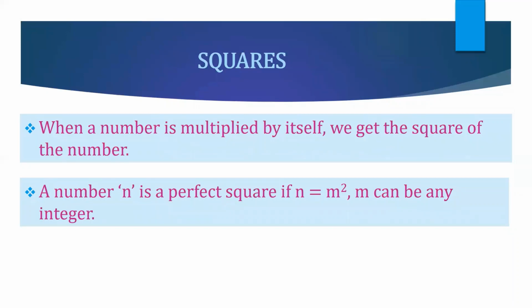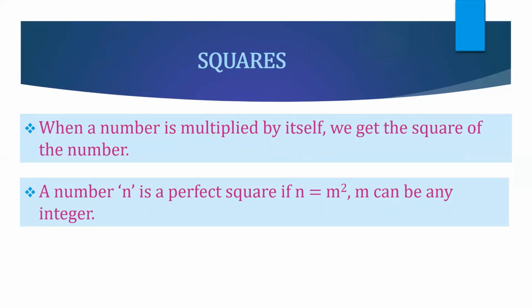So let's start with the concept of squares. When a number is multiplied by itself, we get the square of the number. Students, you must have observed when we are writing the tables, in each table we multiply the number by itself.